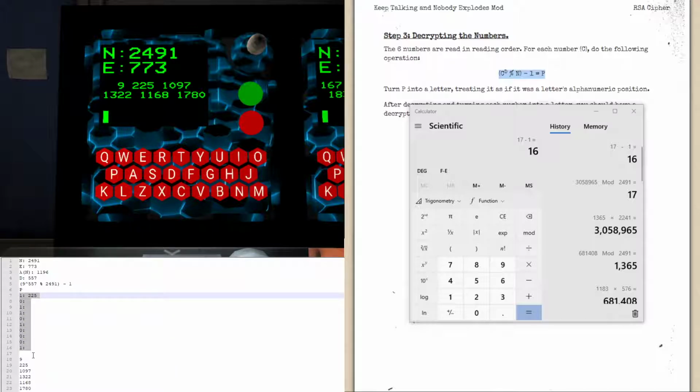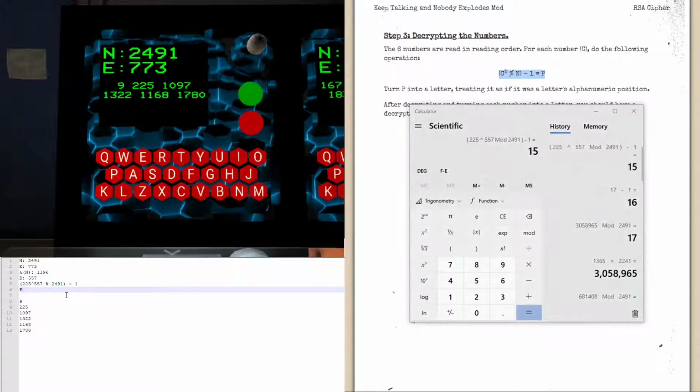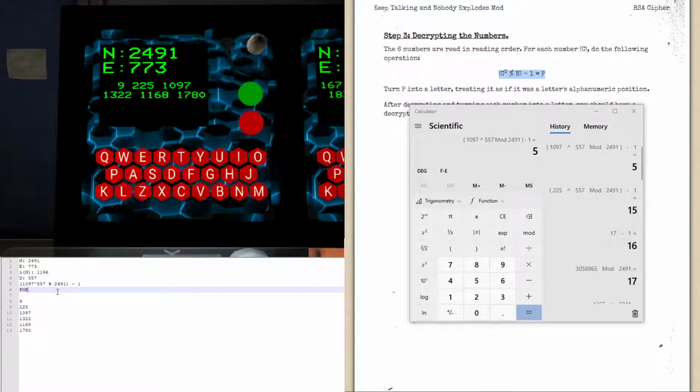But because I have a powerful enough calculator and stuff, I'm going to simply copy and paste all this. This is going to give me 15, that's an O. So this is 1097, copy, paste. This is 5, that's an E. This is 132.